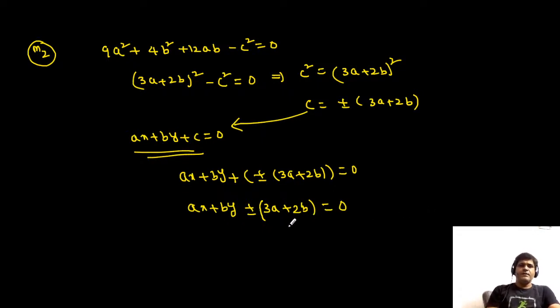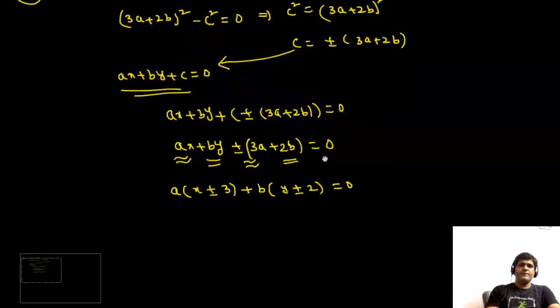Now by rearranging the terms, from these two terms you take out a common: a times (x ± 3). And from these two terms take out b common: b times (y ± 2) = 0.